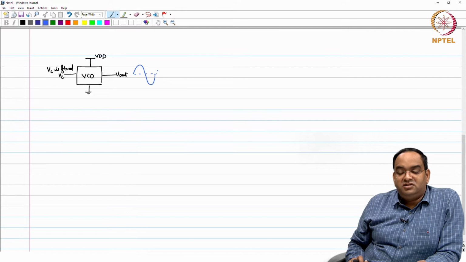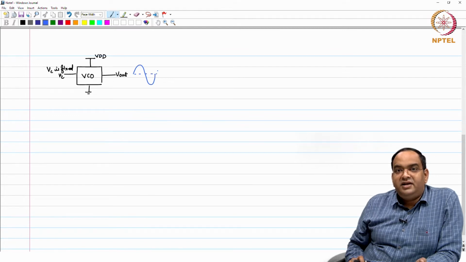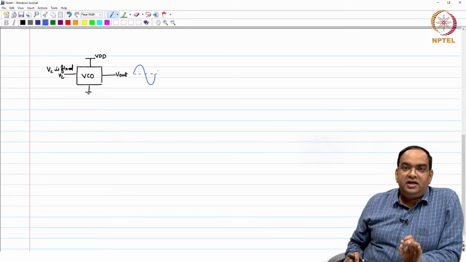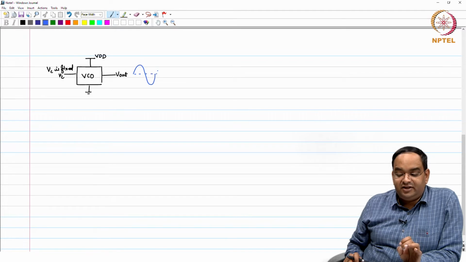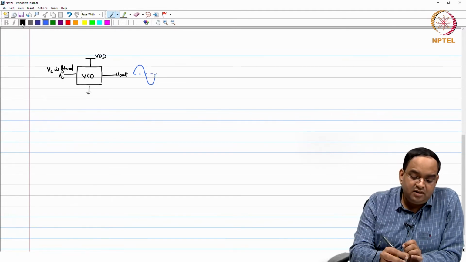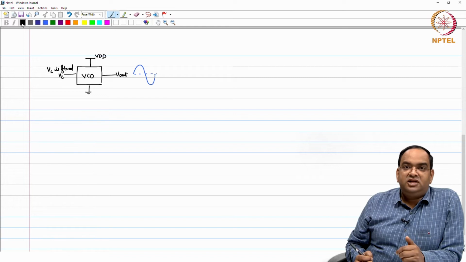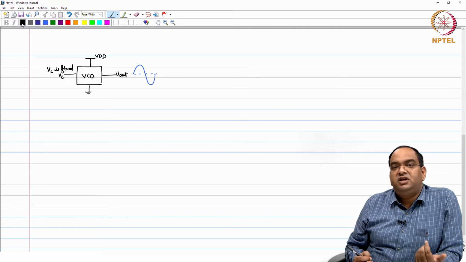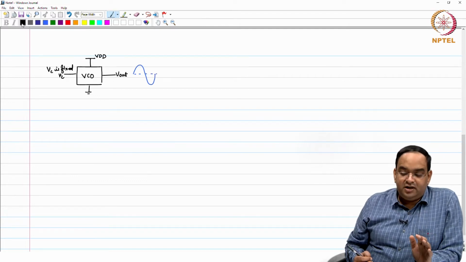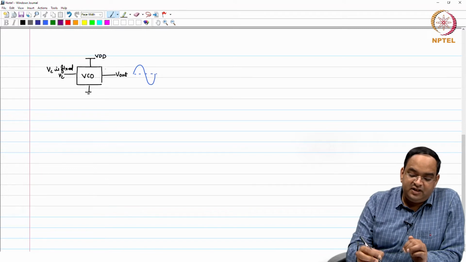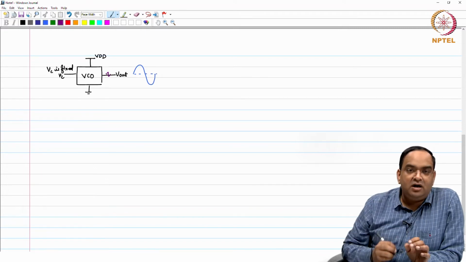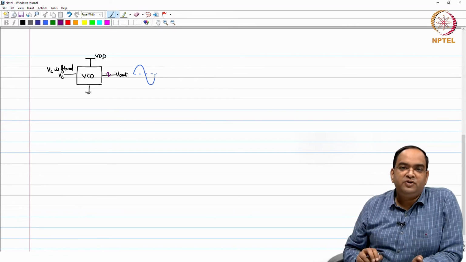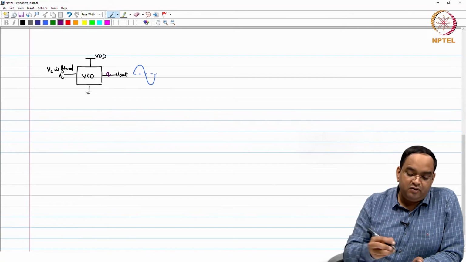So, think about a system where you are not feeding any input, all the voltages are DC, and it is producing sustained sinusoidal or square waves at the output. Which means that whatever system we are using, that system should be self sustainable, which in turn means that even if there is some disturbance at the output V out, the system takes care of it and still retains the frequency which it is designed for.